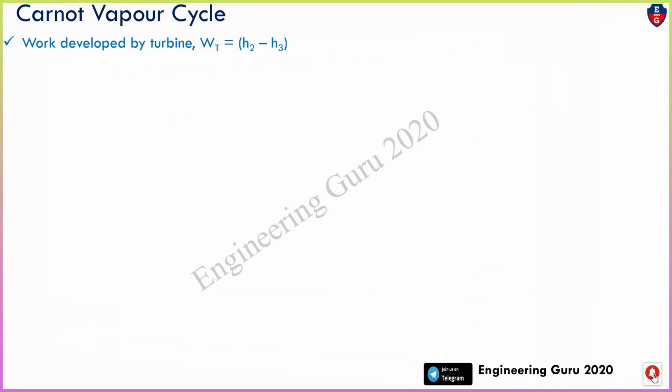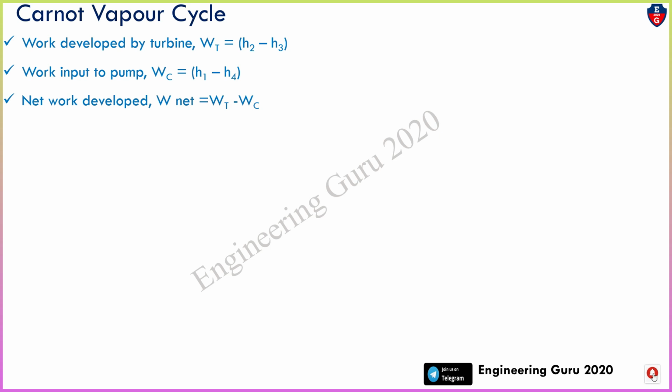Now the work developed by the turbine, that is WT equal to H2 minus H3. This is for the steam turbine. Now the work input to the pump, that is WC equal to H1 minus H4. Now net work done, W net equal to WT minus WC.